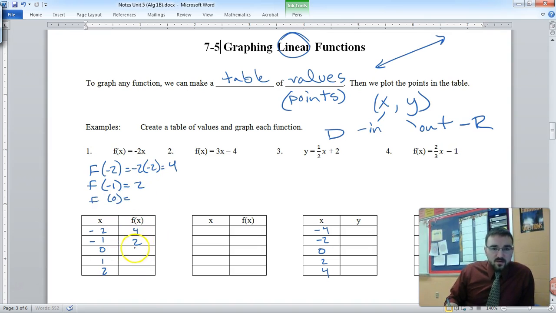F of 0 would give us a 0 because negative 2 times 0 is just 0. F of 1 would give us a negative 2. And f of 2 would give us a negative 4. Okay, pretty easy. Let's just finish this up: negative 2 and negative 4.